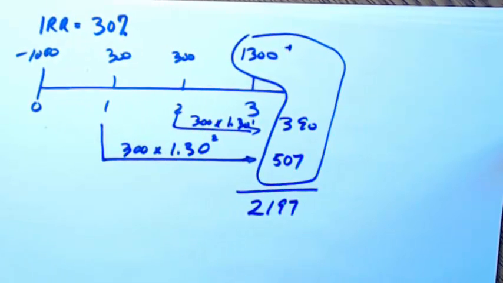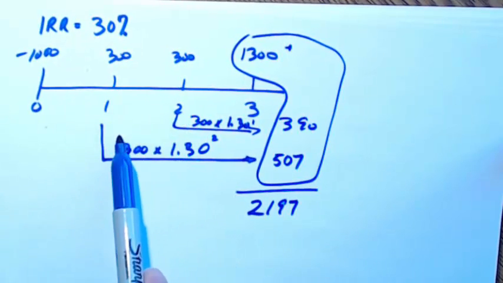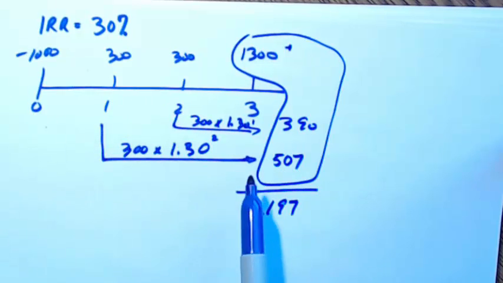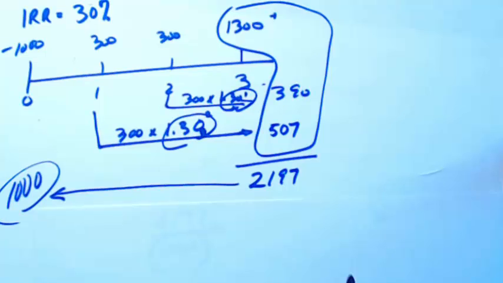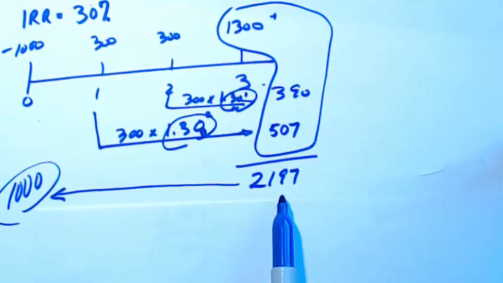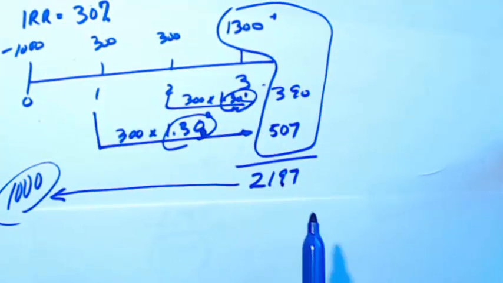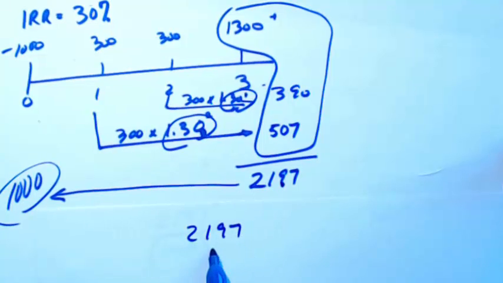That's the future cash flow, taking these cash flows and investing them at a rate of 30%. We generated year 3 future cash flows of $2,197. So now let me calculate the interest rate that gets us from the 2,197 to the $1,000.